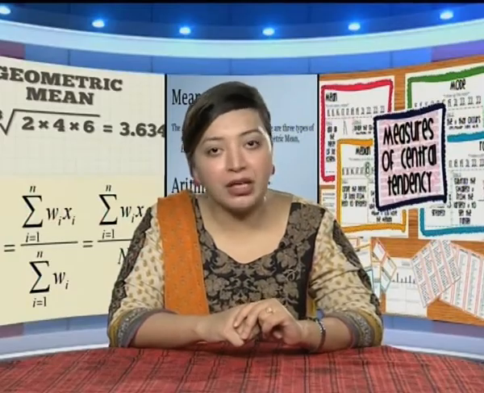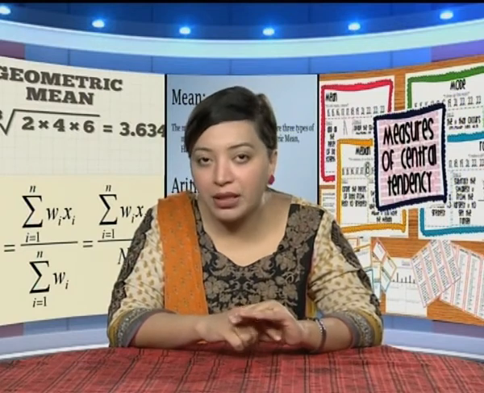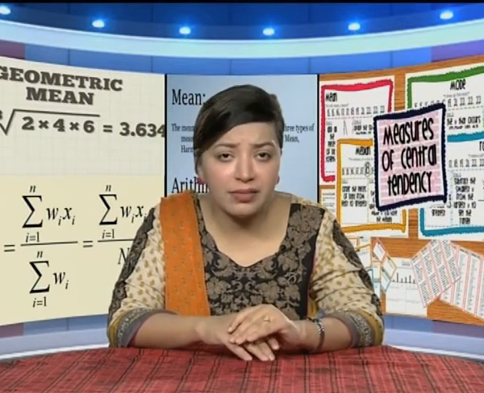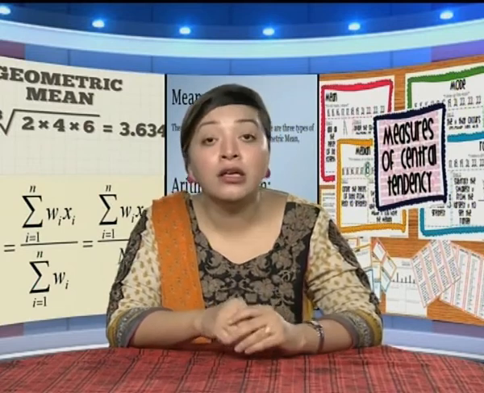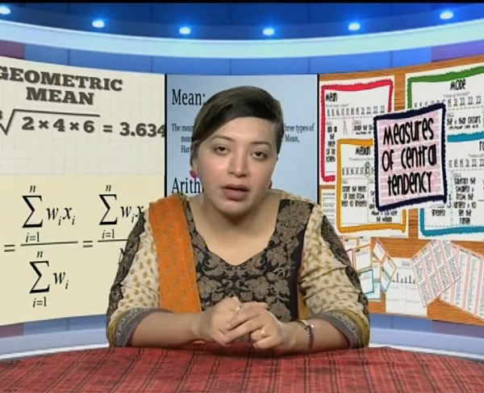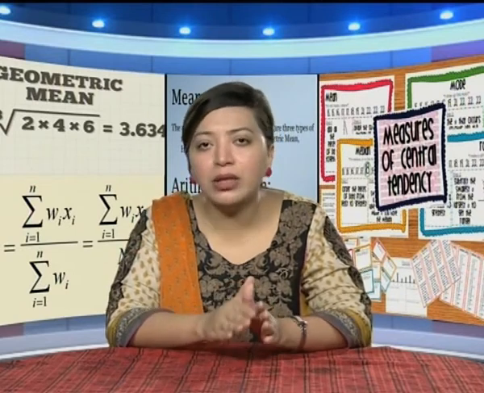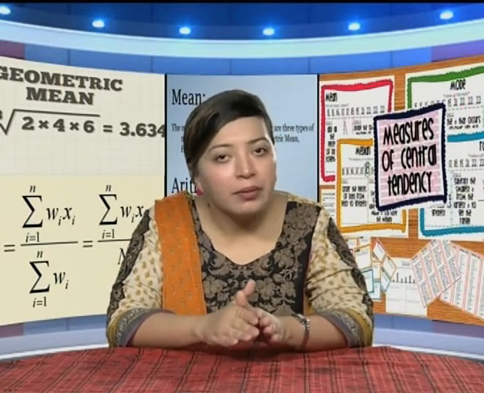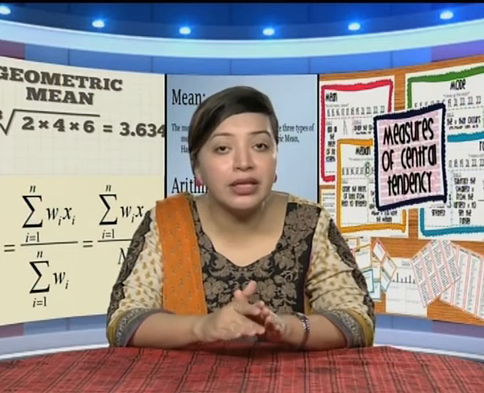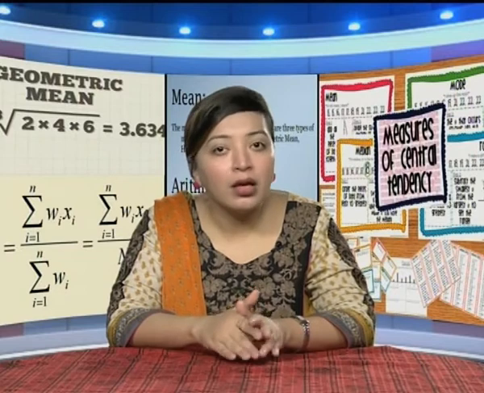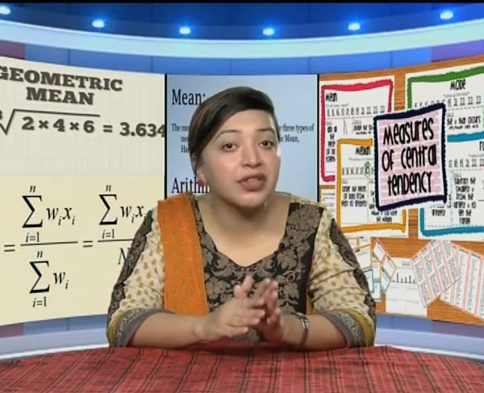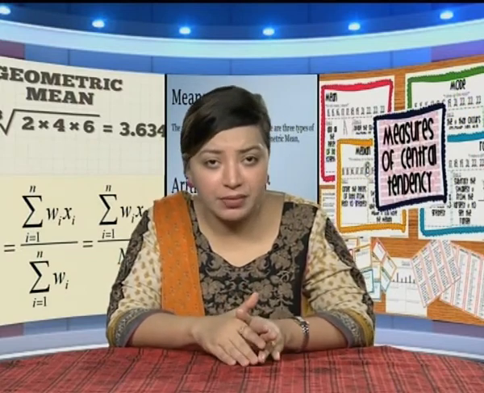The weighted arithmetic mean may be defined as that average which is obtained by applying weights to the items in accordance with their relative importance. One of the limitations discussed above is that the simple mean gives equal importance to all the items, but there are cases where the relative importance of the different items is not the same, where the term weight stands for the relative importance of the different items.